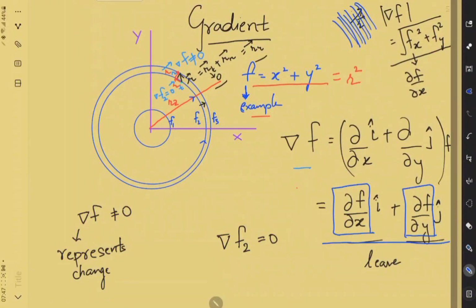If we want to know how much the function changes as a whole in terms of magnitude, we can do it like this also. But usually we leave our calculation up to here, because we want to see the change of f in the respective directions.